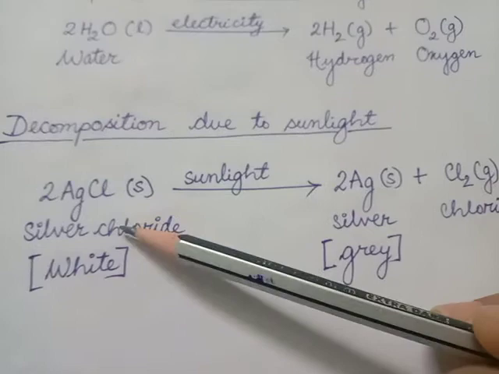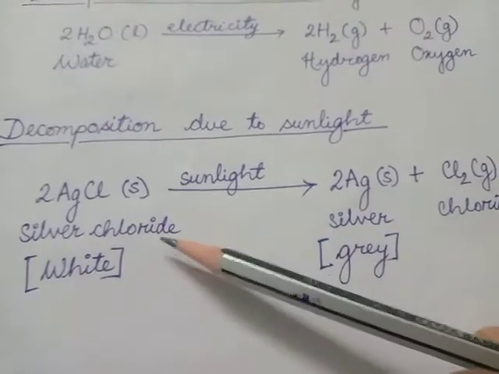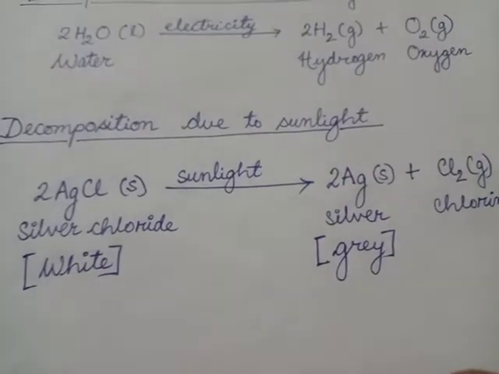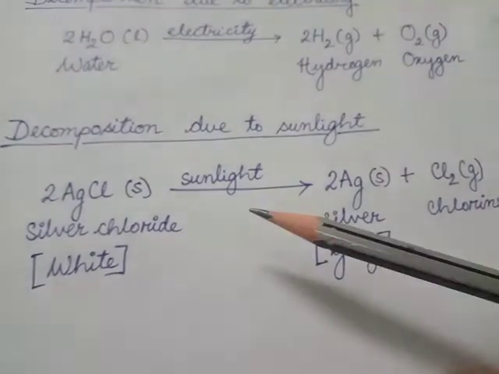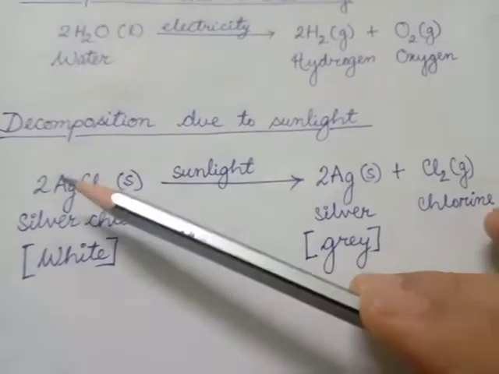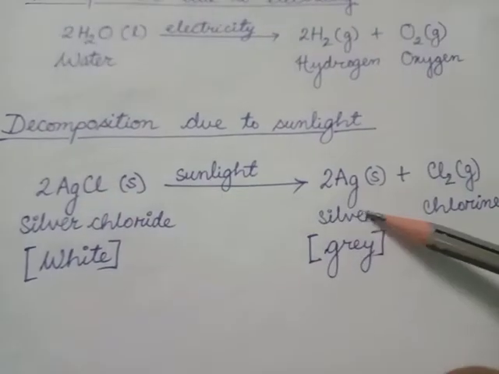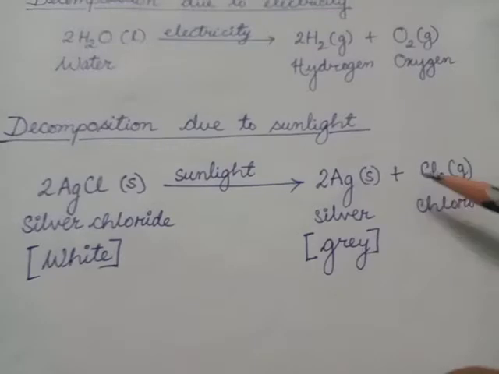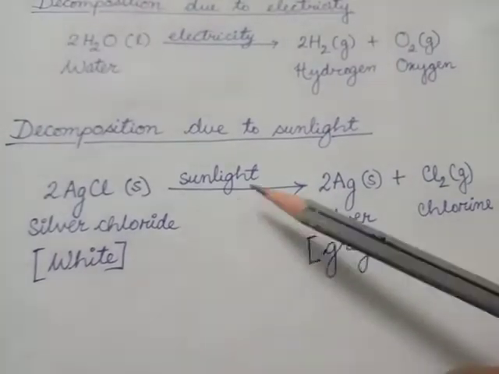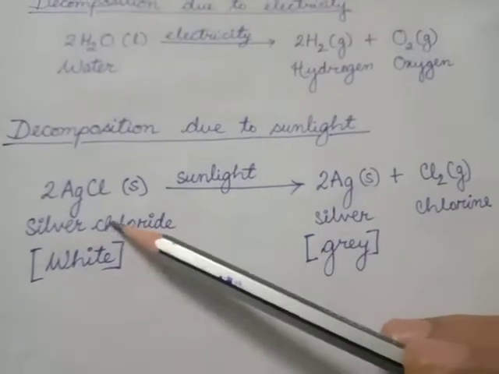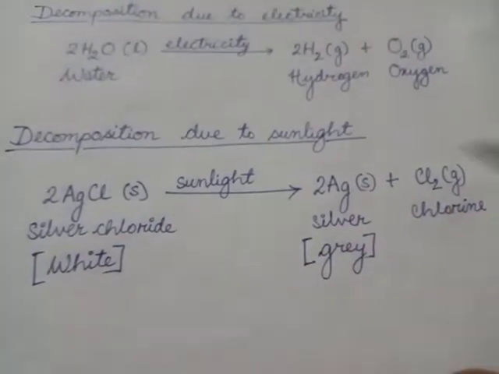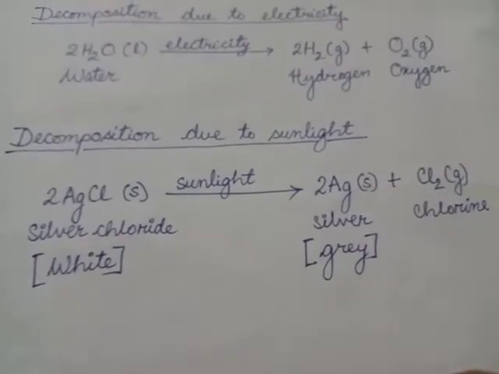When silver chloride is left under sunlight, this compound absorbs the sunlight energy, and by absorbing the solar energy, it breaks down to form silver and chlorine gas. As long as the solar energy is absorbed by the compound, the decomposition reaction will be taking place. So this is an example of an endothermic reaction.